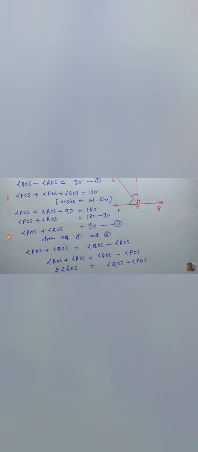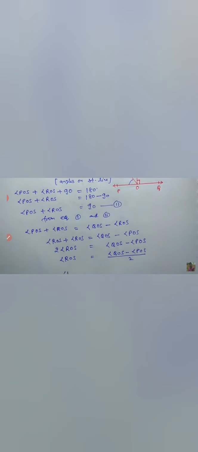Okay, so 2 ROS is equal to angle QOS minus angle POS. So angle ROS is equal to 1 by 2 (angle QOS minus angle POS). Okay, so it's proved. You can write hence proved.